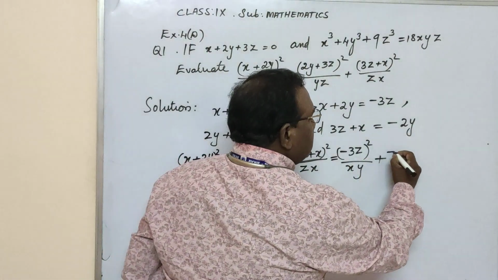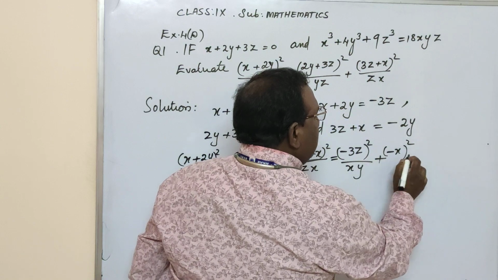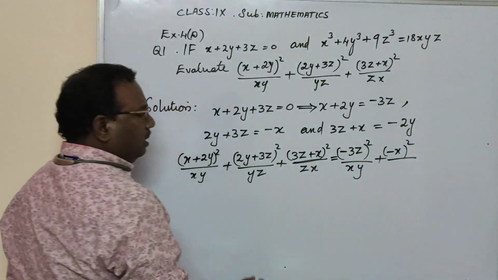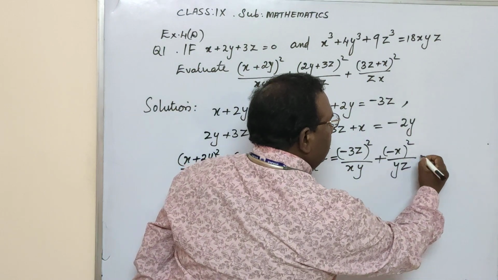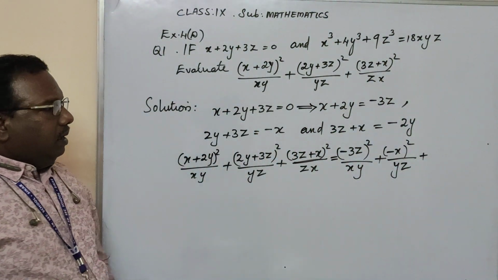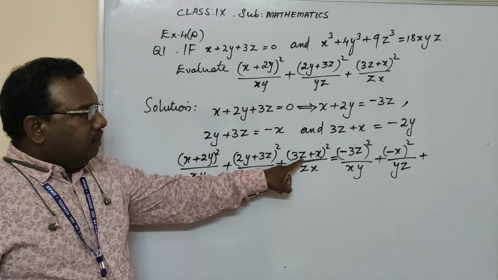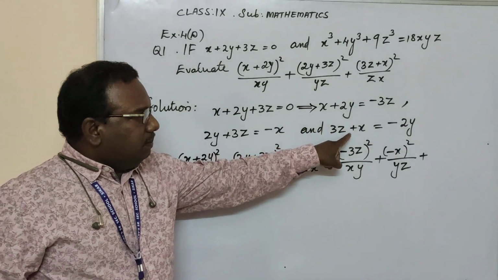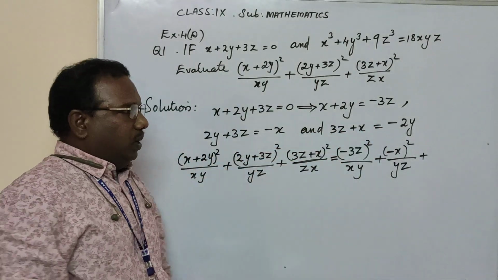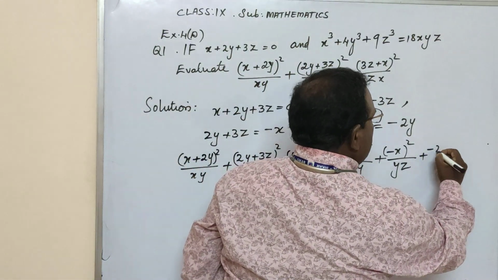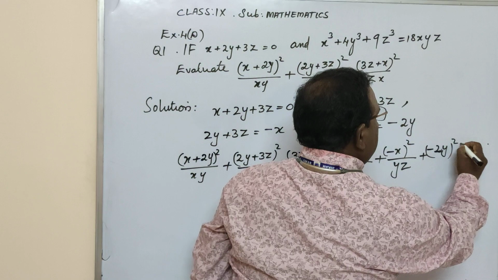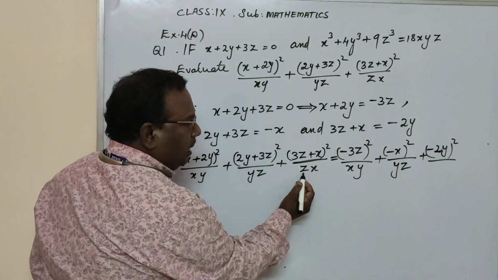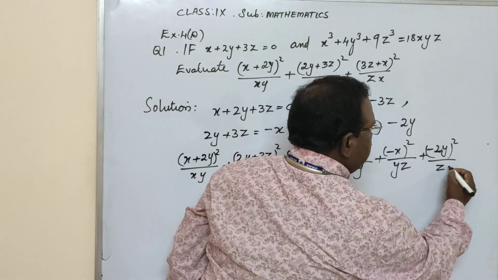So minus x all square divided by the denominator yz, plus 3z plus x, which is equal to minus 2y. So minus 2y all square by denominator zx.